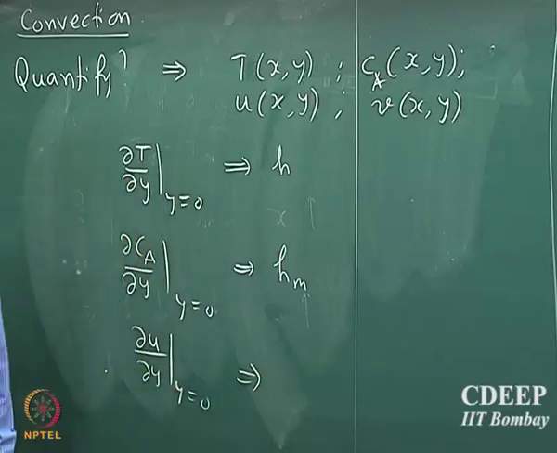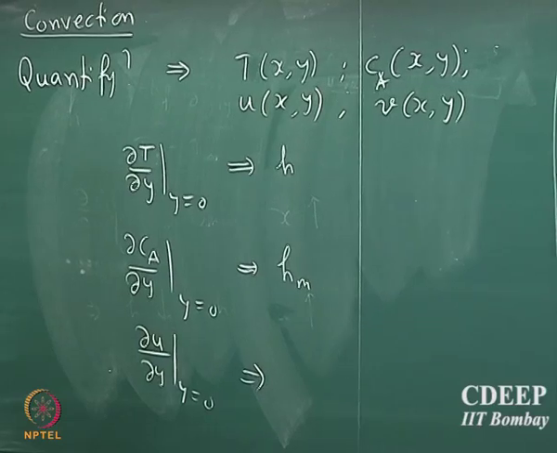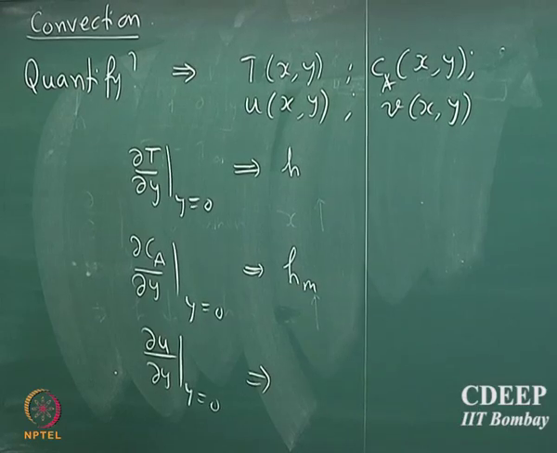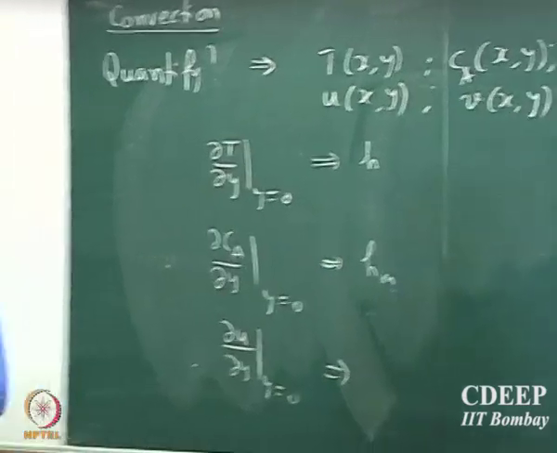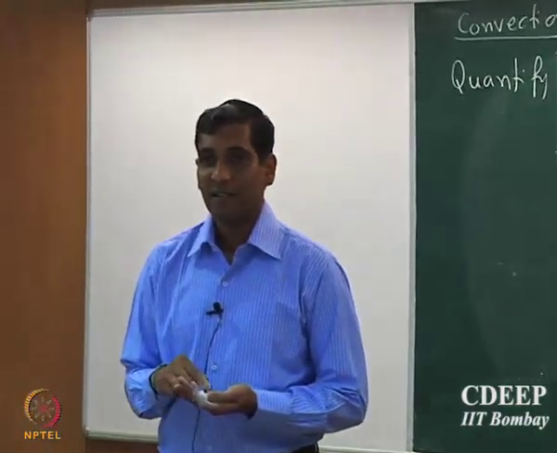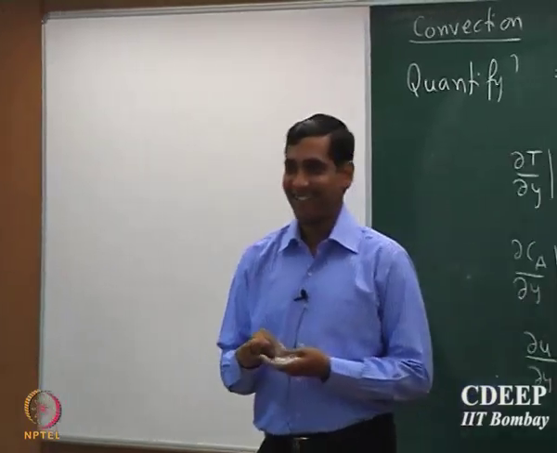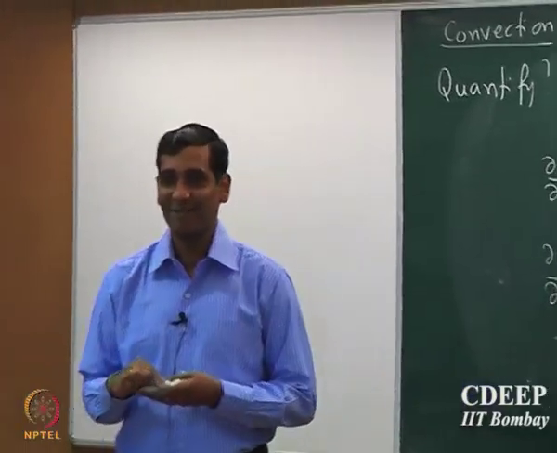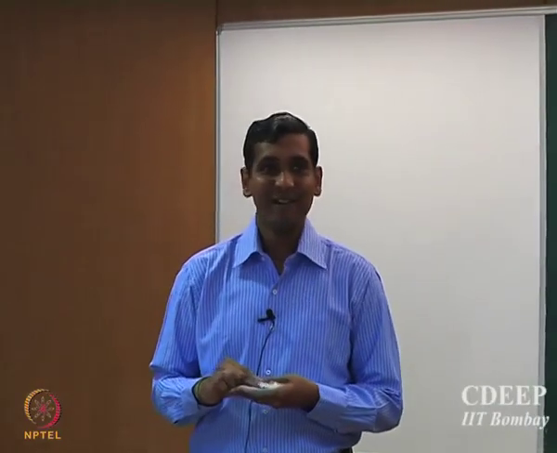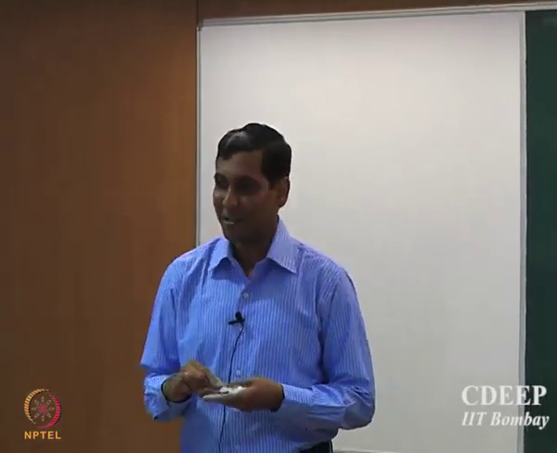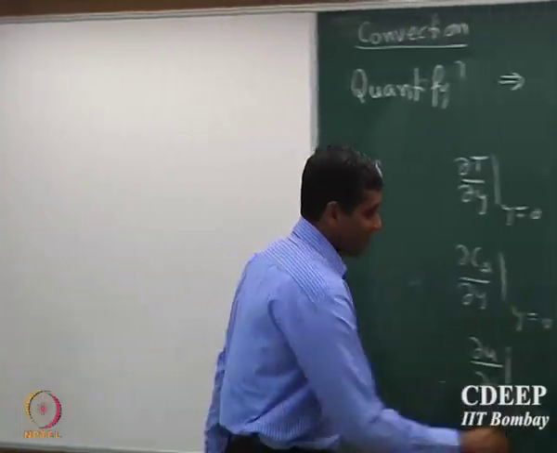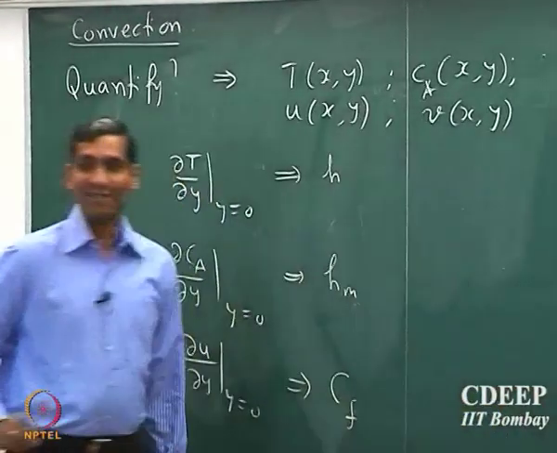what does this give? du by dy at y equal to 0, what does it give? Coefficient of viscosity? No, it's not coefficient of viscosity. Shear stress. It gives you the friction coefficient.